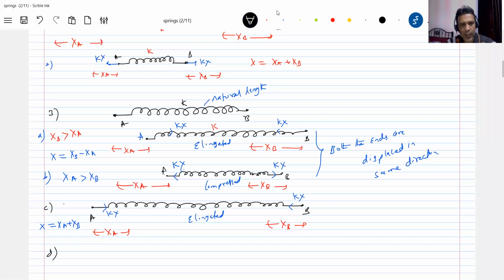Option D, this one. So here, I'll compress the spring. So this is the xa.